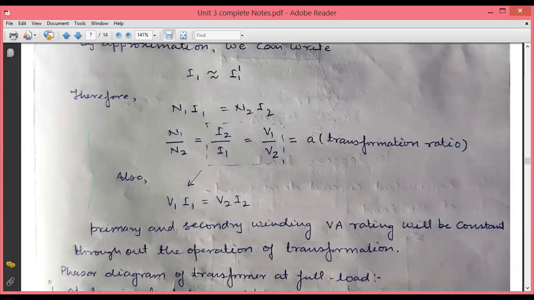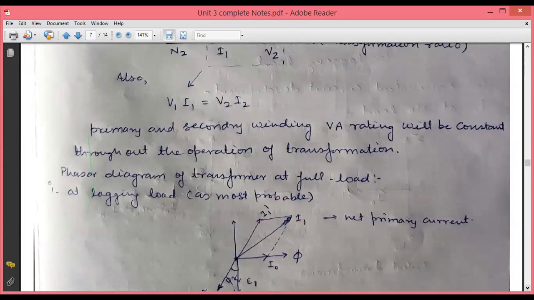This is a very important conclusion, because it shows that when the transformer operates, the primary winding VA and the secondary winding VA both remain constant throughout the operation of the transformer. So this is the overall operation of the transformer at full load.